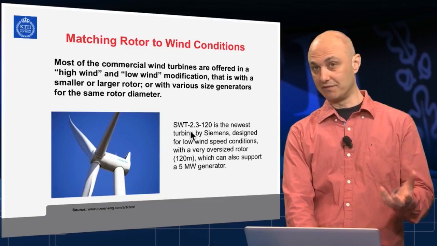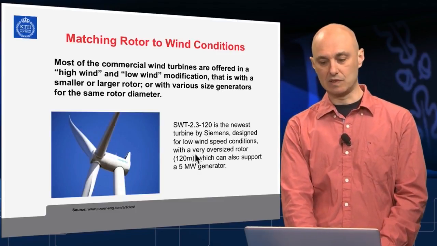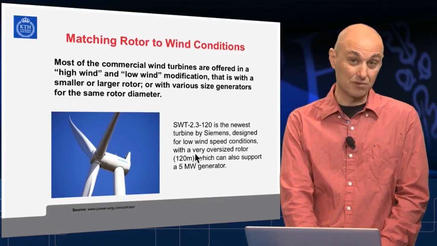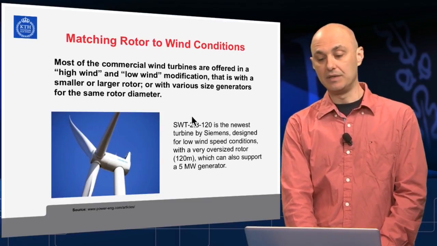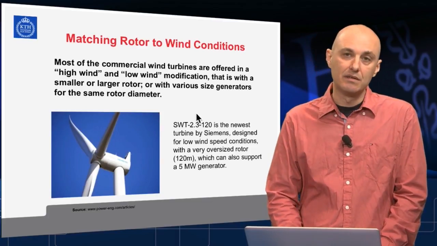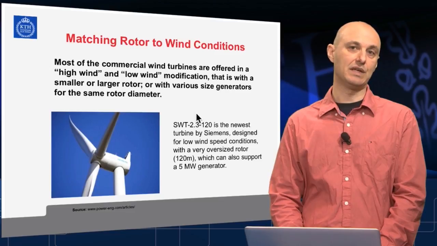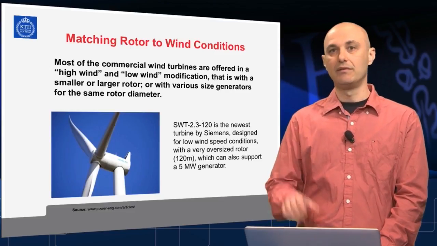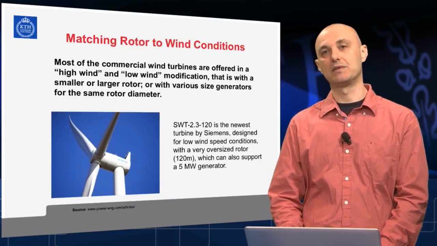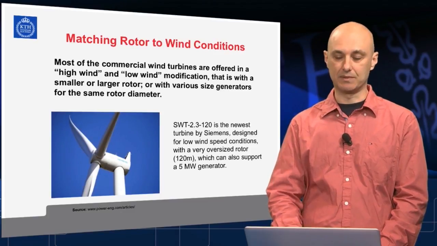But improving it even further, shortening it a little bit, still having a 120 meter rotor diameter and using only a 2.3 megawatt generator, definitely fits the turbine much better into the low wind speed spectrum.